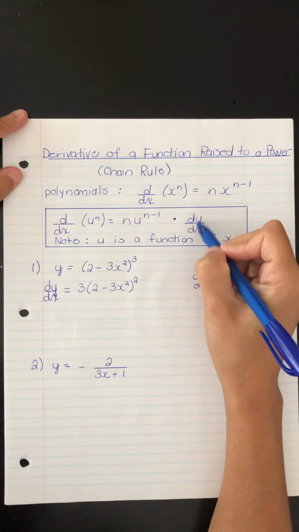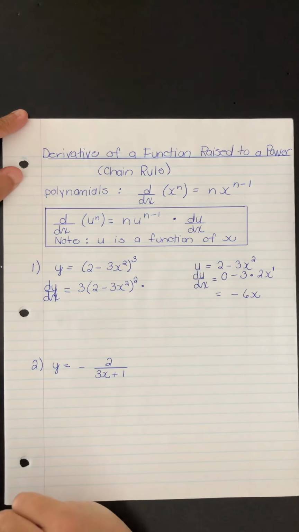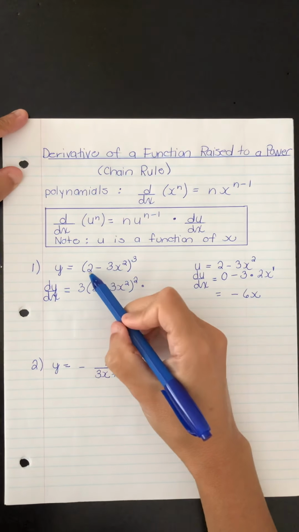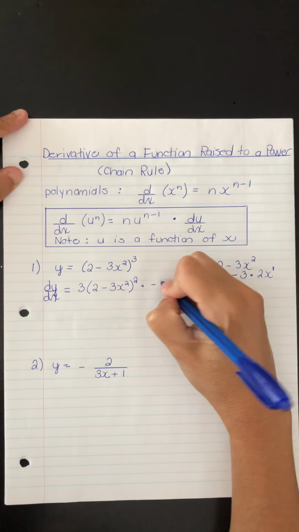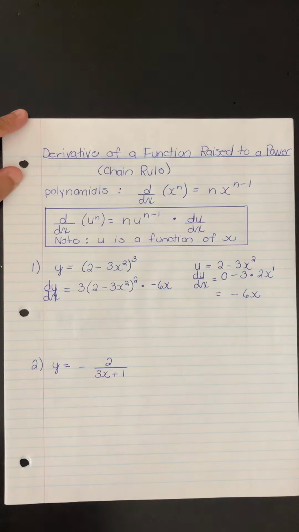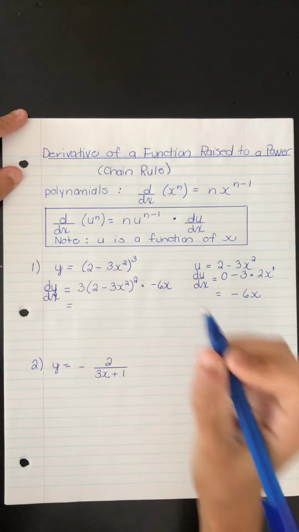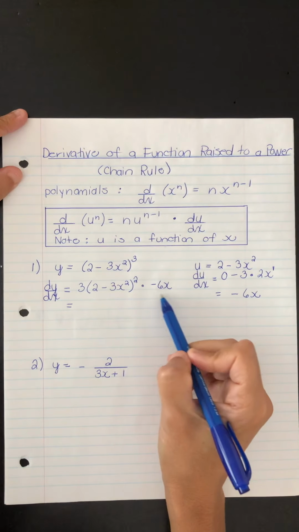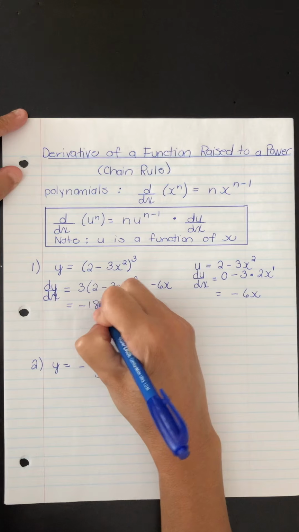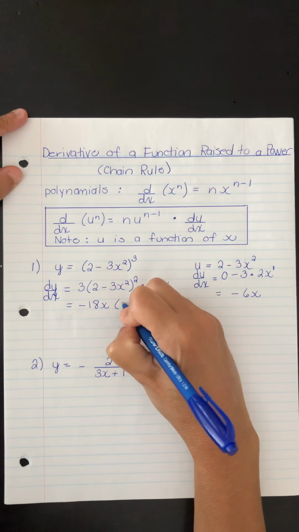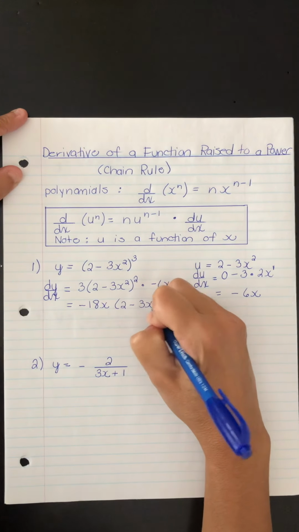Then we multiply by the derivative of the inside of the bracket, or the derivative of function u. And its derivative is negative 6x, like this. In writing our final result, we can multiply negative 6x by 3 to get negative 18x in front of the square of 2 minus 3x squared.